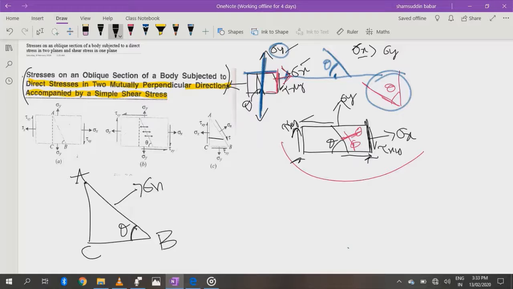normal and shear stress. Now I am not making these normal or shear stress yet.